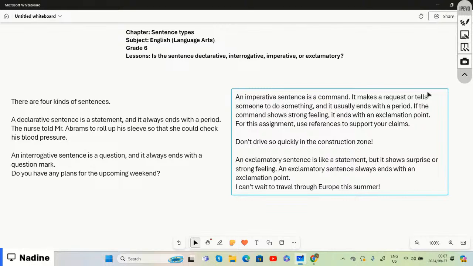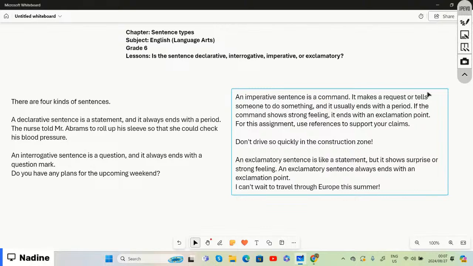All right, so there are four kinds of sentences, right? And I made mention of it being declarative, interrogative, imperative, as well as exclamatory. Basically, whenever you write or when we have a conversation, we just call it the types of different sentences.